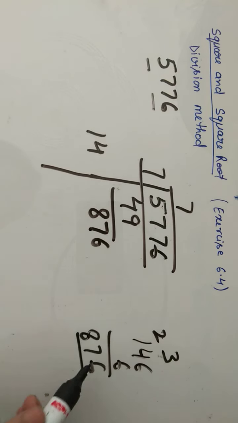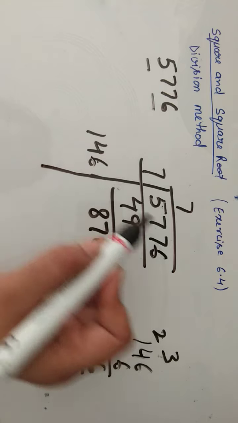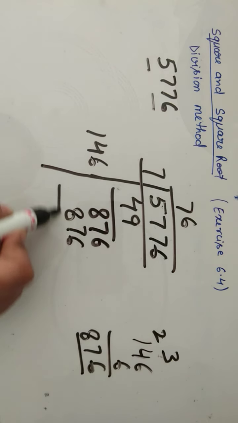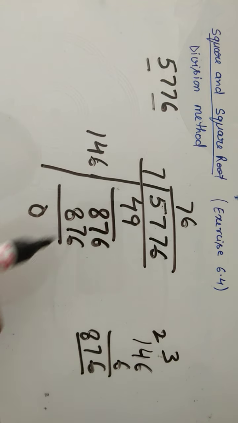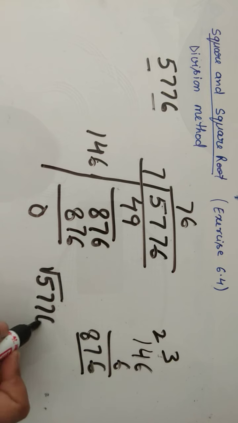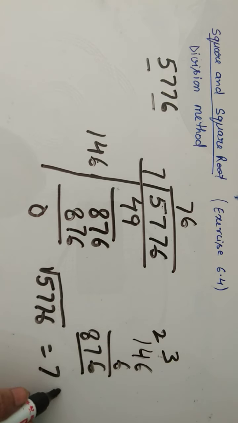So here we are getting 876, so we get 0. So the square root of 5776 is 76.